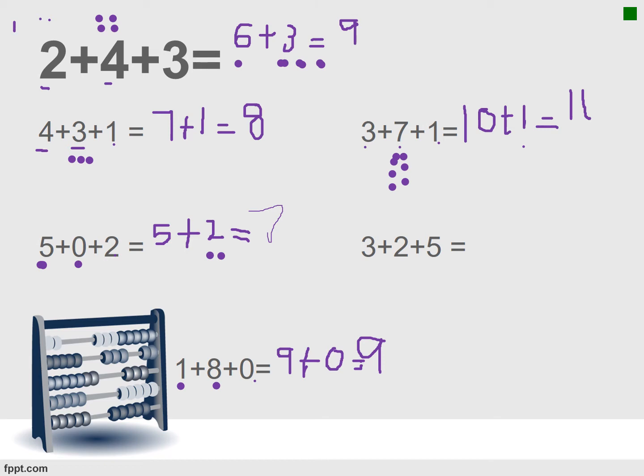Now, first two numbers, 3 plus 2. 3 plus 2 is 3, 4, 5. 3 plus 2 is 5. 5 plus, what is the third number? 5. And 5 plus 5 is 10.